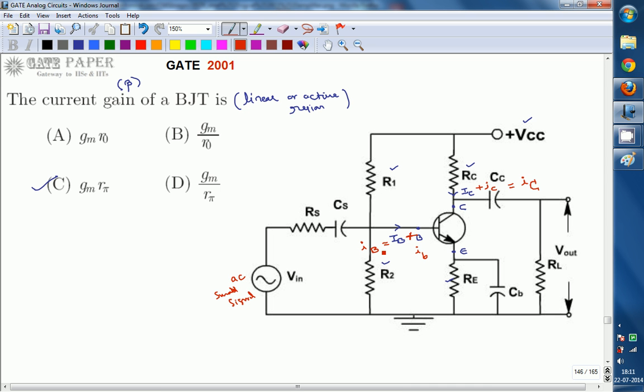This is the notation we will use. Here I am going with notations which combine both AC and DC. So small v capital BE is the total instantaneous base to emitter voltage, which you can write as capital VBE plus small vbe.